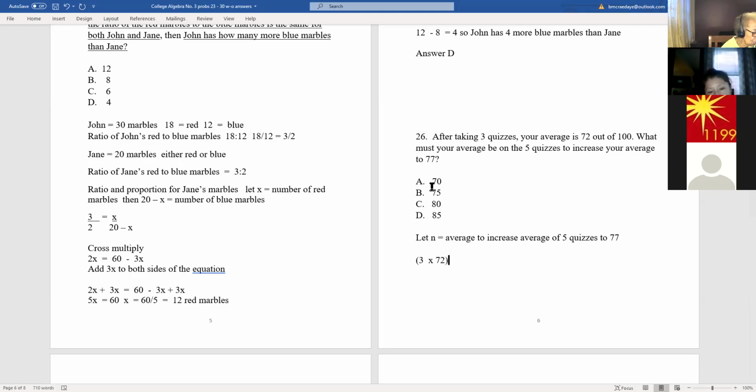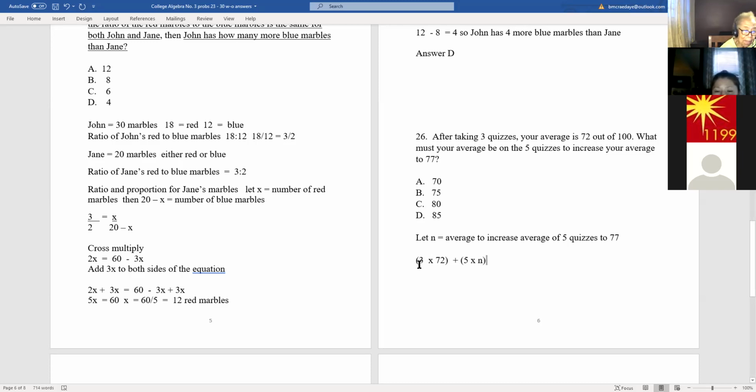Plus 5 times what? Times n, because n is what we're looking for.